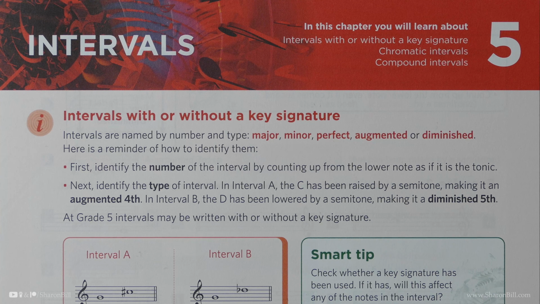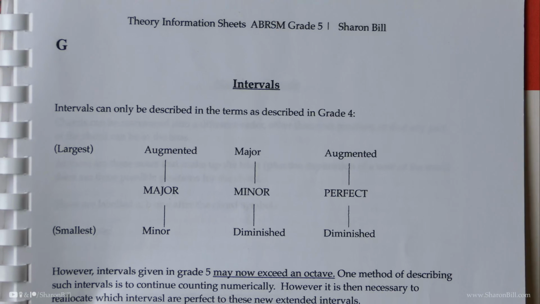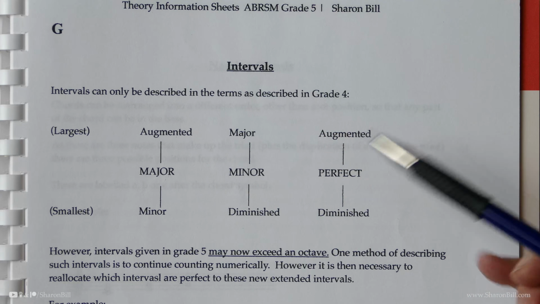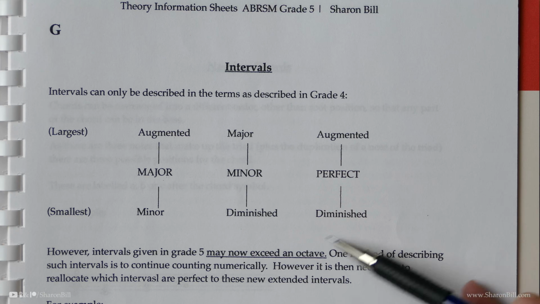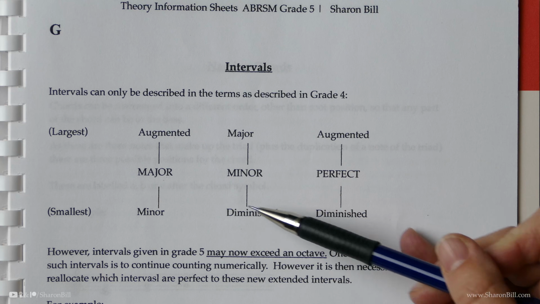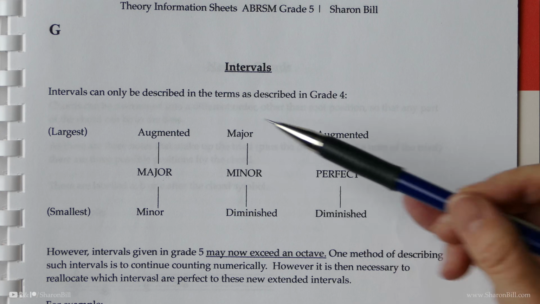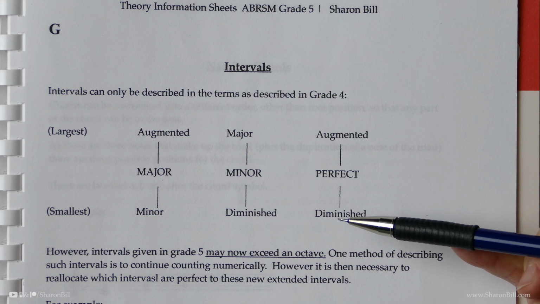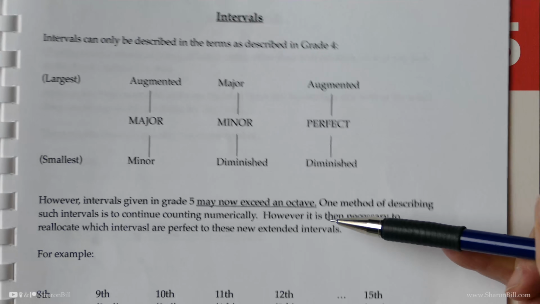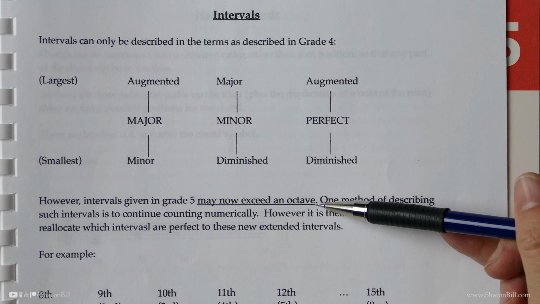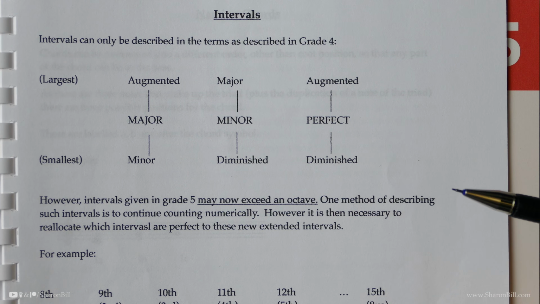If you go to my website and look at my PDF information sheet, you'll see there's a little recap of the intervals that we looked at in Grade 4, looking at all the major, minor, perfect, augmented, diminished intervals and so on. The only difference now is that we may exceed an octave, but it doesn't really change anything.